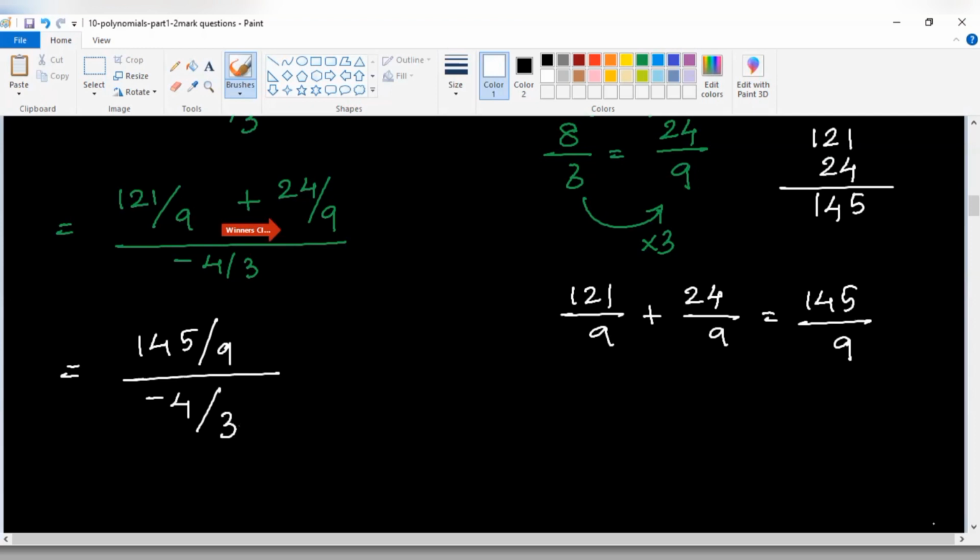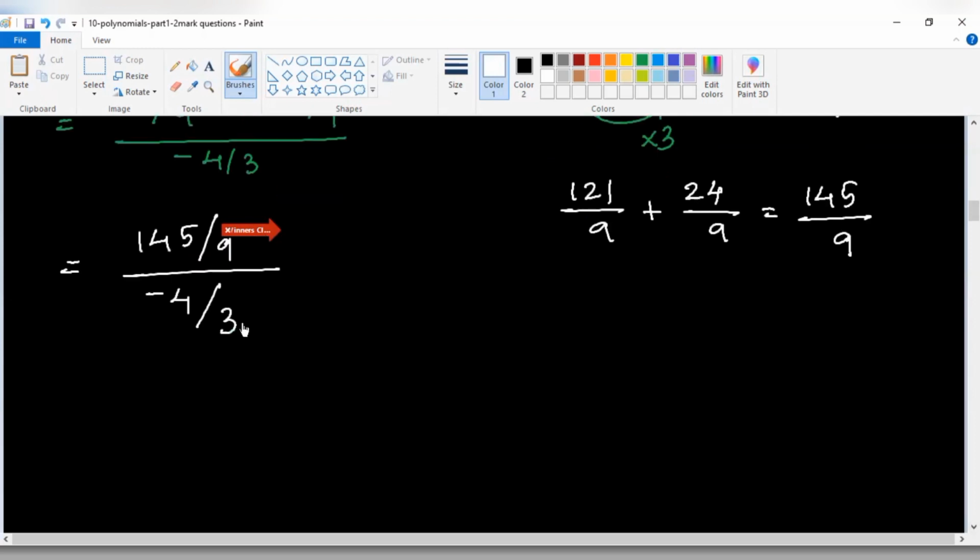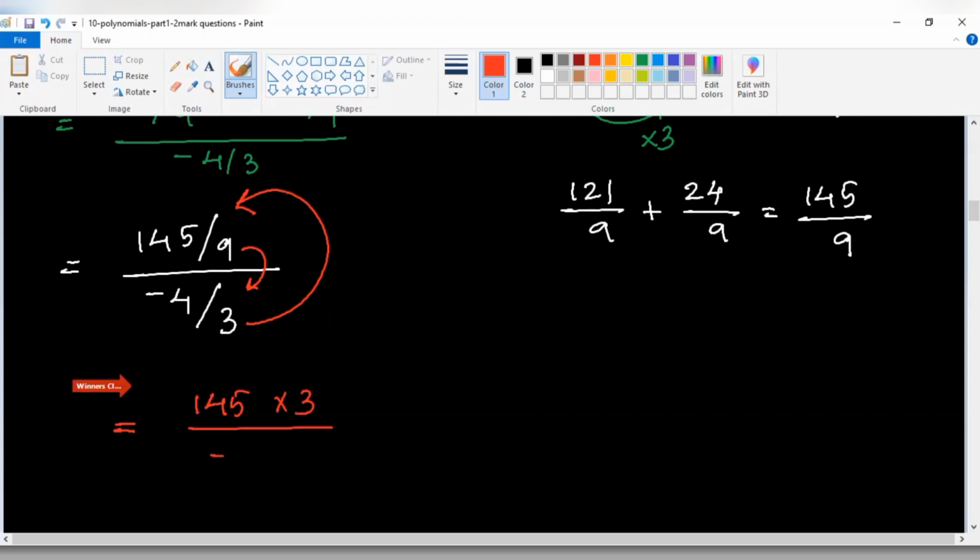Now the denominator becomes the numerator. That is, this 3 will go to the numerator part, and this 9 will go down, right? So 145 into 3 by minus 4 into 9. Okay, see here we can cut this 3 and 9. And we have a negative sign in the denominator, so the final answer is negative.